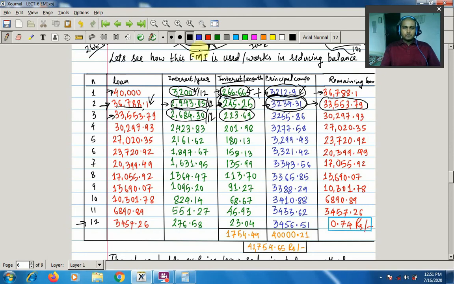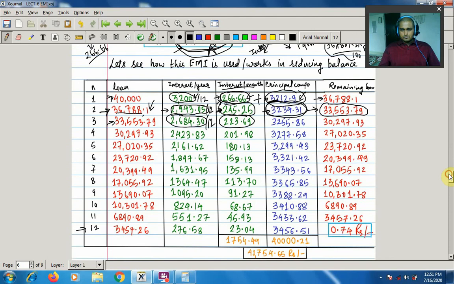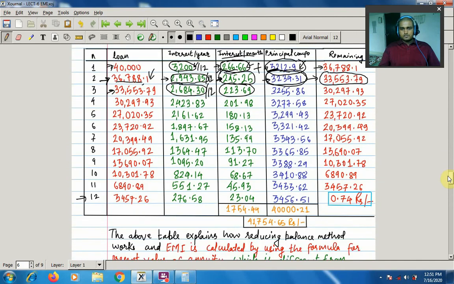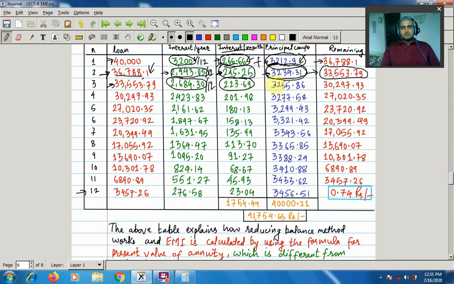The remaining amount of this EMI was 3,479.56. This is the remaining. It goes on the outstanding balance. Outstanding balance is this. So just subtract this from this much amount. This is the remaining balance, and so on. Just do it. Just try to understand what I have written.